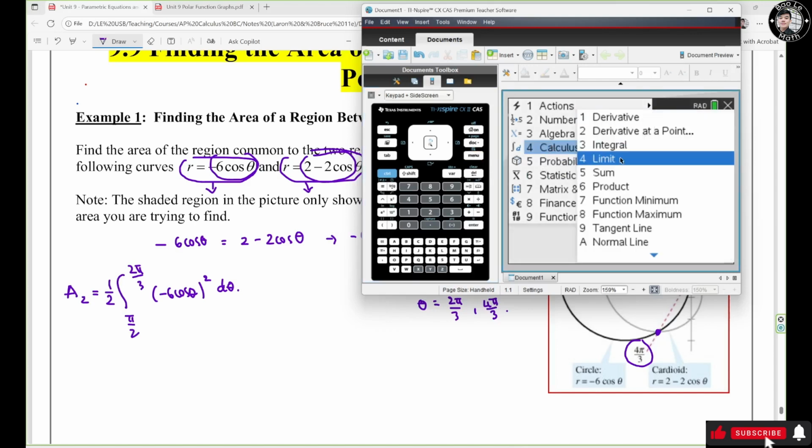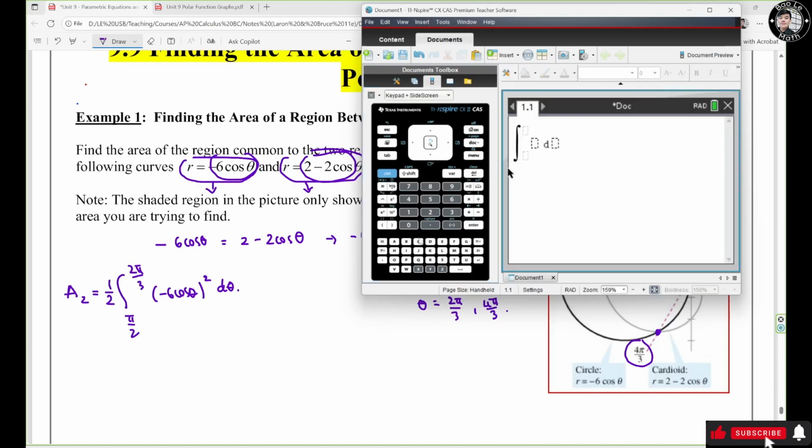Press menu, calculus, integral from pi over 2 to 2 pi over 3. I press this button to put in a fraction, so here's the pi over 2, and again for a fraction, this is 2 pi over 3.